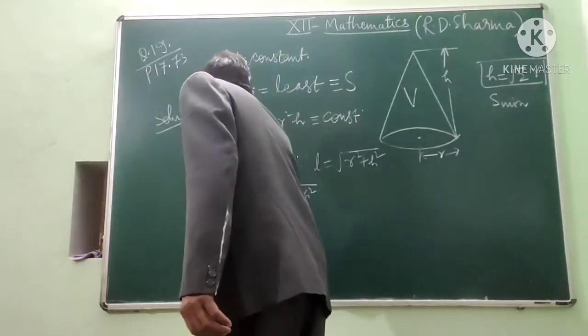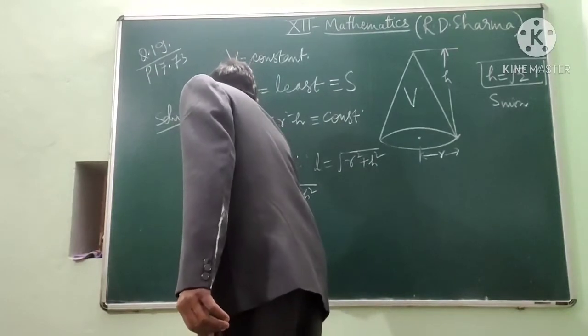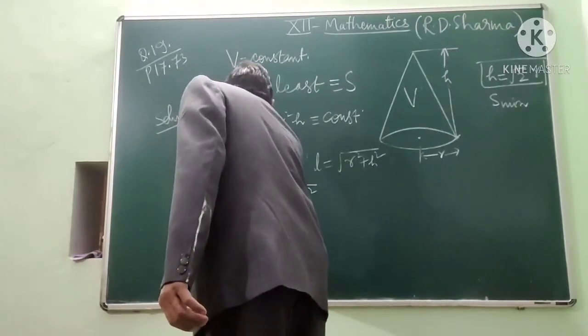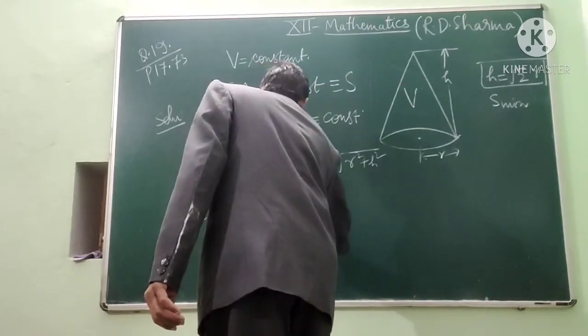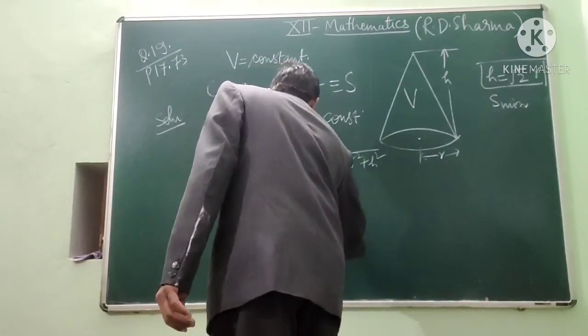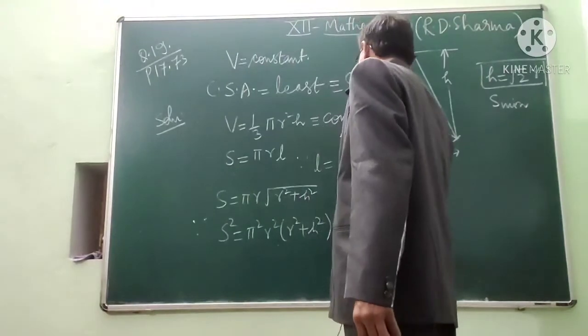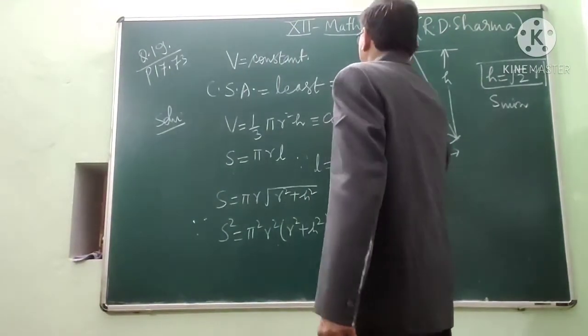We will square it, so s square is pi square r square into (r square plus h square). Let this be equation 2 and the volume one be equation 1.